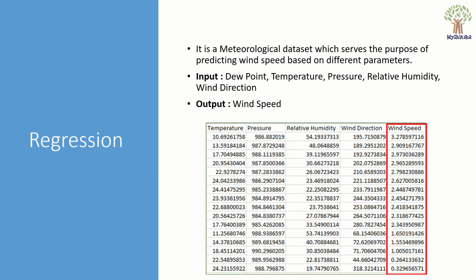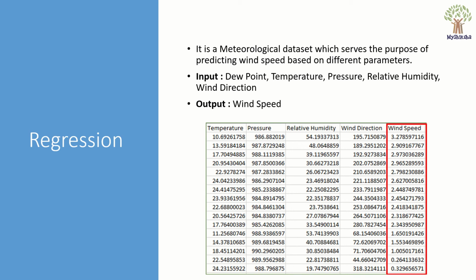With all these data points, I'm trying to understand what would be the weightages for each and every variable. The weightage that has to be given for temperature is W1, for pressure is W2, W3 for relative humidity, and W4 for wind direction. Now the equation becomes y is equal to W1 x1 plus W2 x2 plus W3 x3 plus W4 x4.